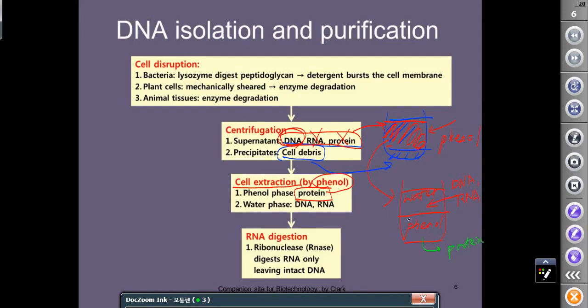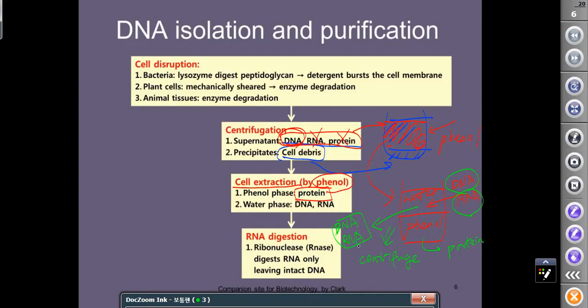Okay, so you have to do the centrifugation again, which is not written here, but you can easily guess it. Centrifuge. Then you can take this upper layer, which has DNA and RNA only.